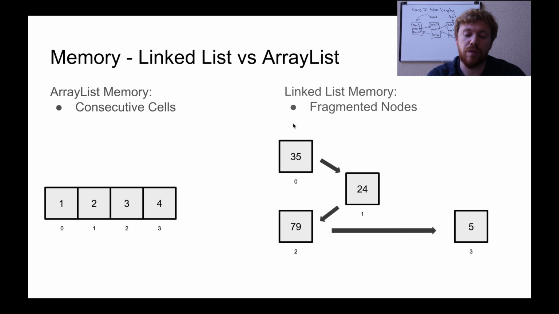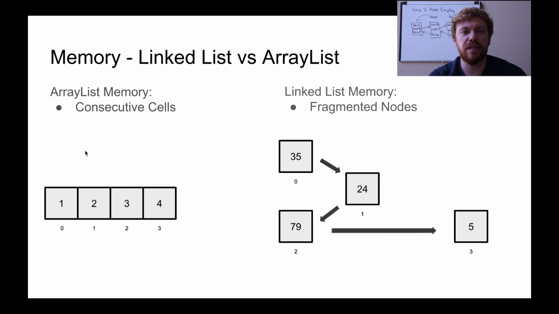And that brings up another point. With a linked list, it's very easy to add another node. You just find some other spot in memory and you put the node there, and it's fine. Whereas with an array, well, you're stuck. You must have consecutive cells, and so you start off with a set size.